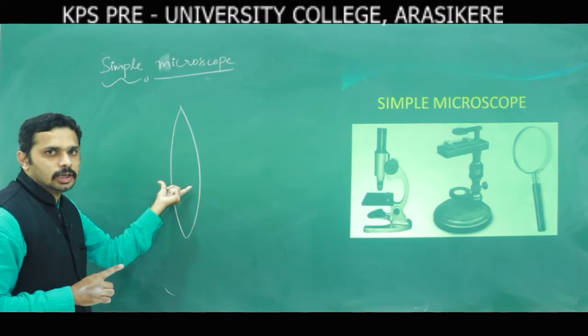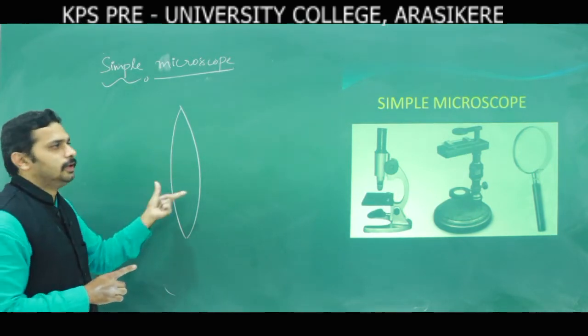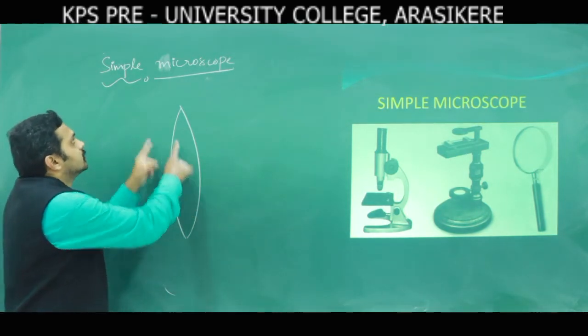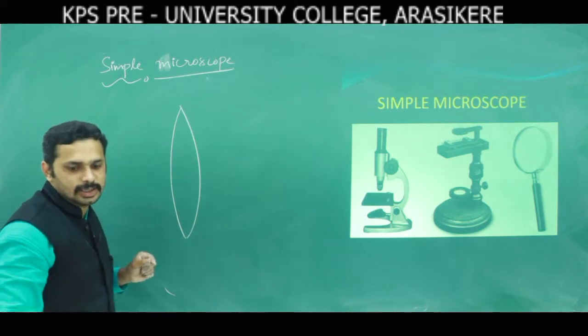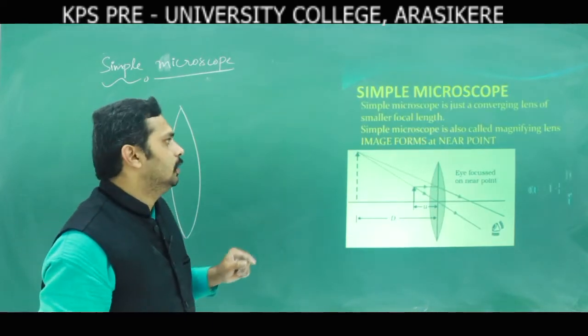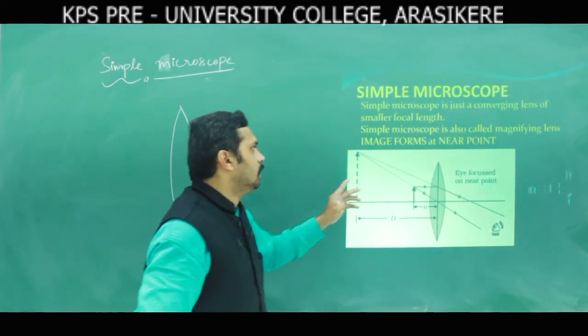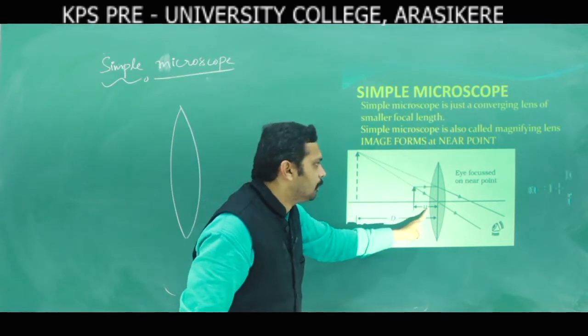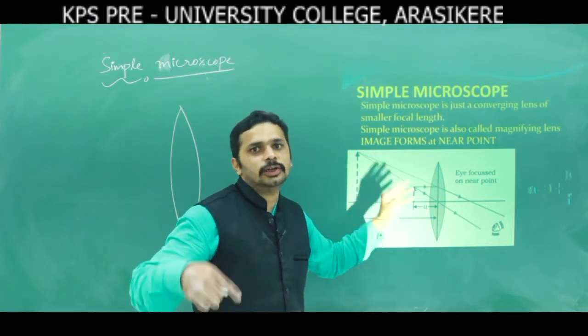Focal length is less, power is more. In the simple microscope there are two cases: the image forms at the near point, and the image forms at the far point.